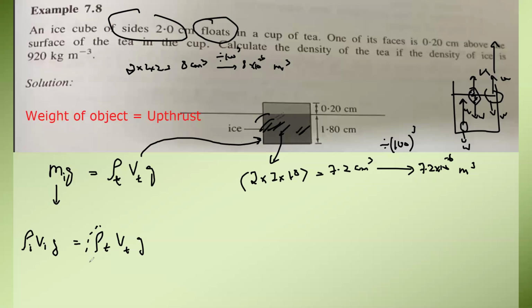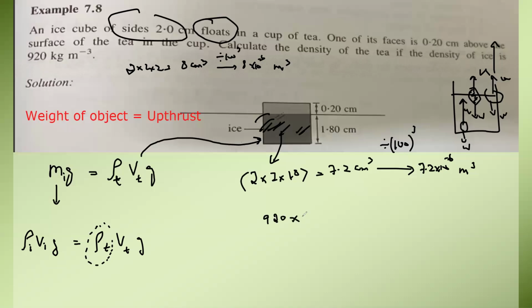Now, because our objective is to find the density of the T, we just substitute the density of the ice, which was given. The density of the ice was 920. So we write here 920 in this formula.